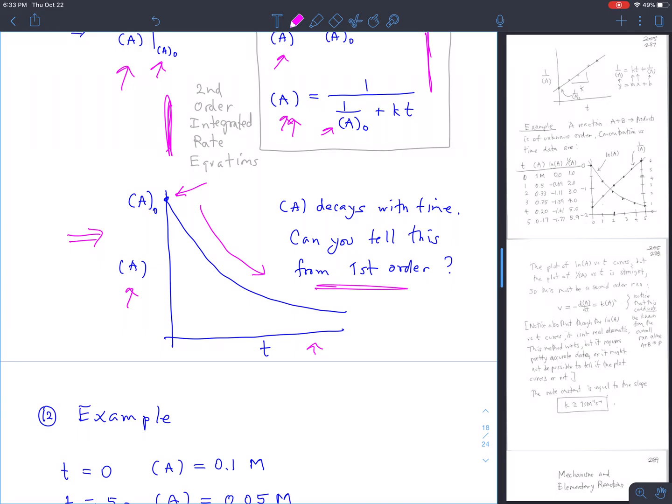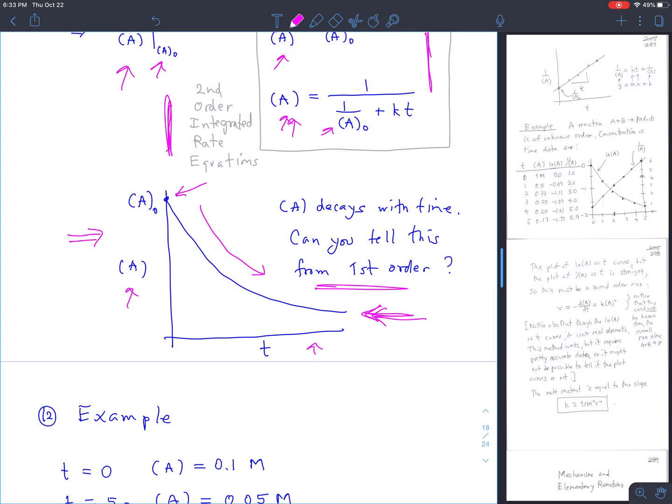Well, a real pro might be able to, but this is a hand-drawn curve. There's no way to tell. Even if it was an officially plotted curve, you might be able to tell if you're careful enough, but not from a hand-drawn curve like this. So how do you tell? Well, we'll come back to that.